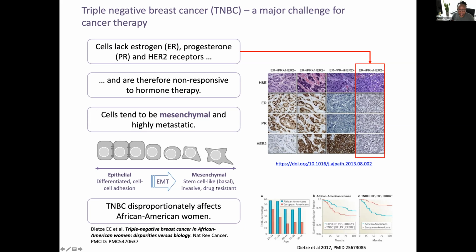Another reason, besides the technical challenge this disease presents for treatment, I'm also very interested in this disease because it disproportionately affects African-American women. There's a lot of research out there trying to pin down whether it is biological or socioeconomic.